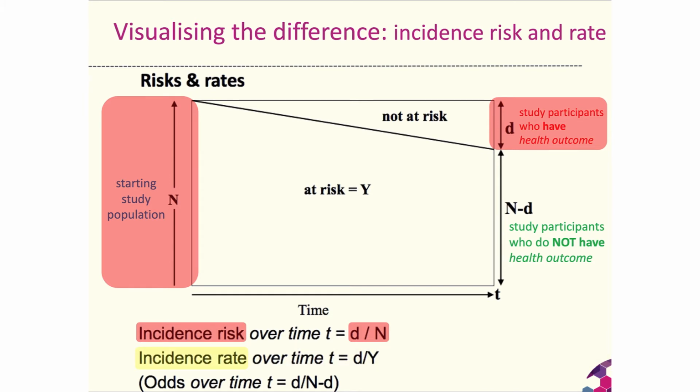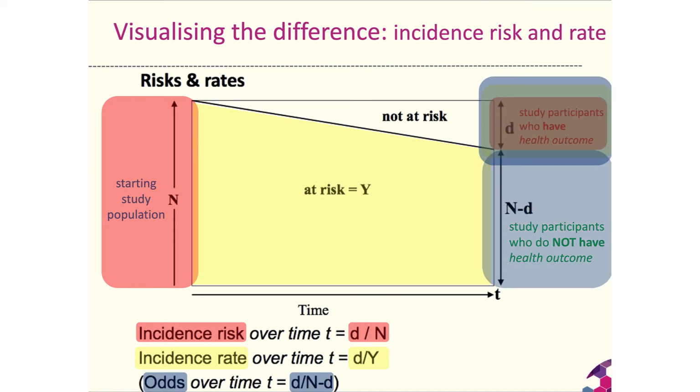And the rate is the study participants who have the health outcome or who have died over the person years at risk, which is this yellow four-sided shape in the middle. And odds, which we haven't looked at but we will come on to in a moment, odds are the number of people who have the health outcome divided by the number of people who don't have the health outcome.